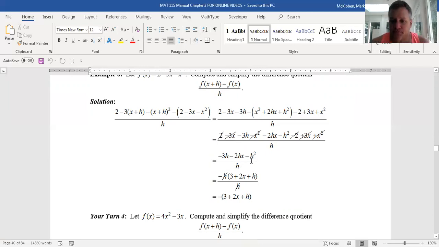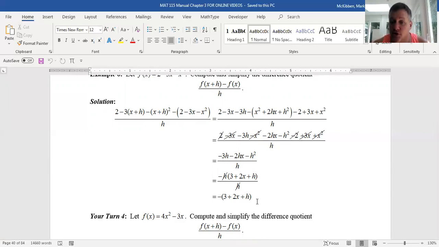All right. And so now what I'm going to do, you cannot just kill this h and that h, right? What you have to do is factor the common factor of h out of all 3 terms like I did here, right? So I write this as a negative h, that factor, times this other stuff, that's over h. You can only cancel like factors in top and bottom, right?